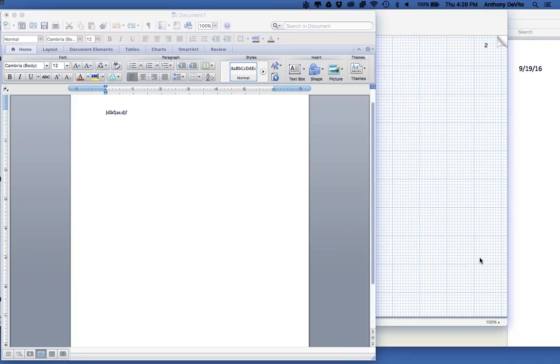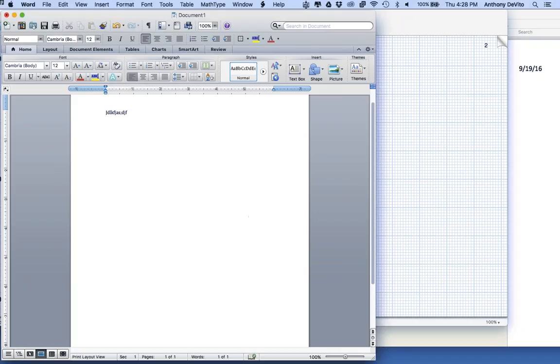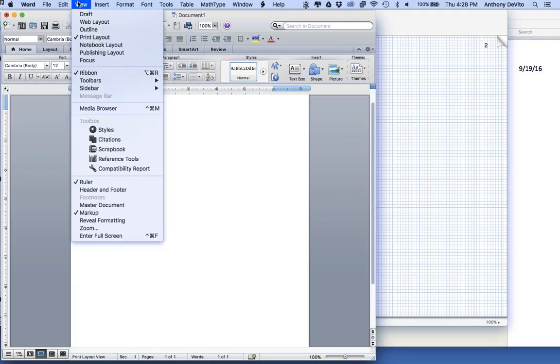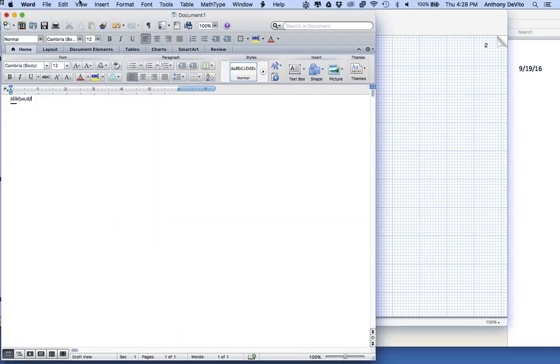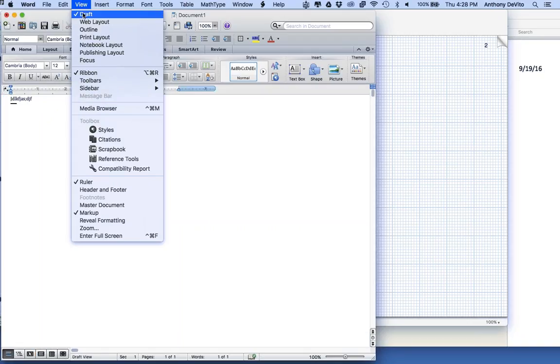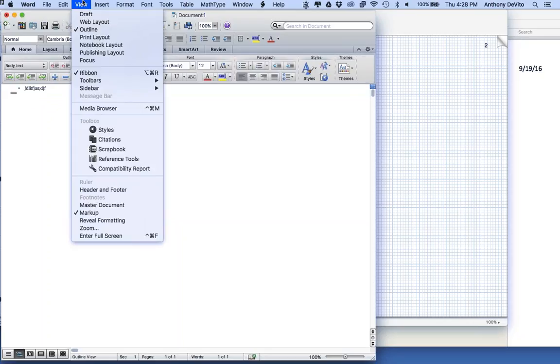Thomas, when you say Control V to paste, you mean copying and pasting into Word? From Word? Okay. So what we found is, you see Word open on my desktop right now. If you're working in the print layout view, if you go up here to View, you can switch between draft view, which is usually what it defaults to, web layout, and outline view, if you want to build outlines and so on.